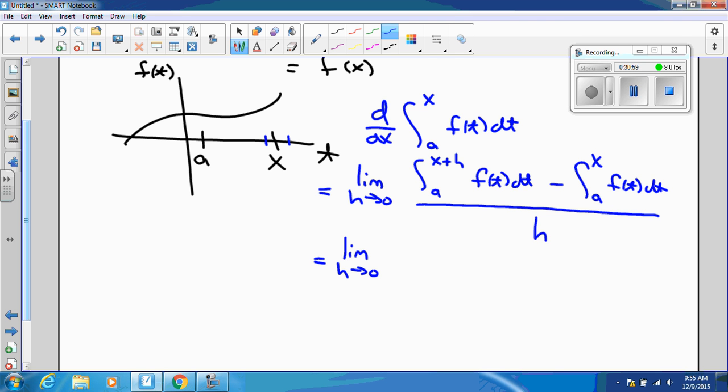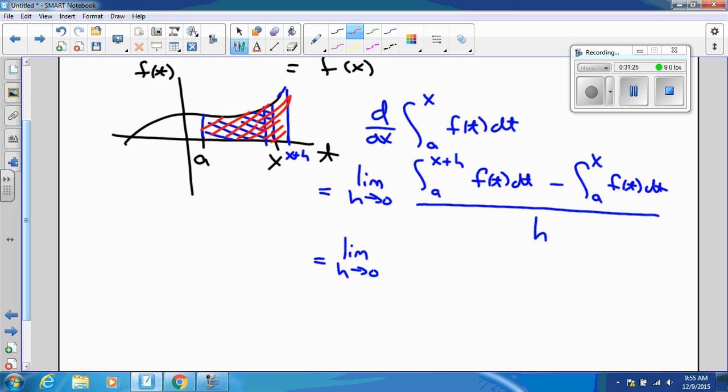So that when I subtract the integral from a to x, just take a look at the picture right here. Let's take h to be positive here. So this is the point x plus h right there. And the integral from a to x represents all of this area. And the integral from a to x plus h represents all of this area.